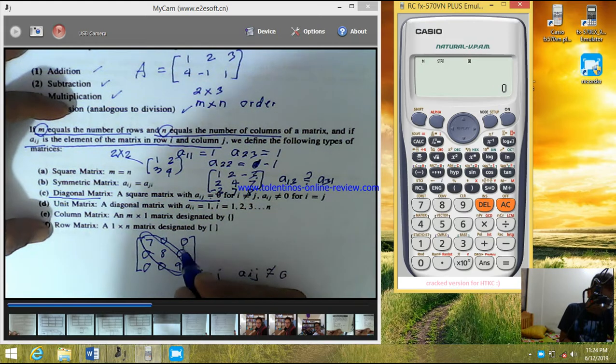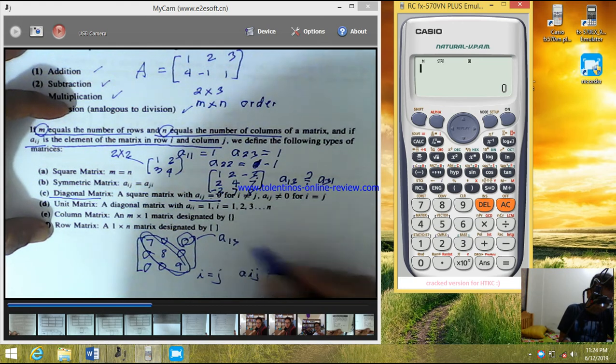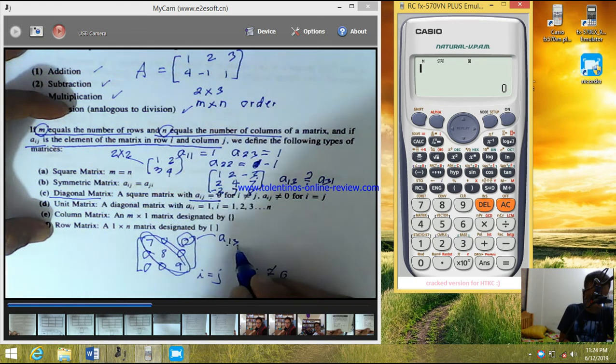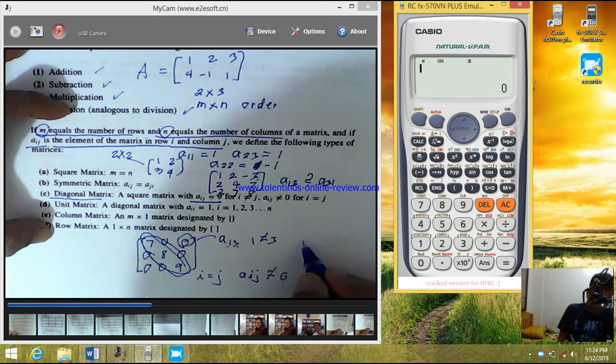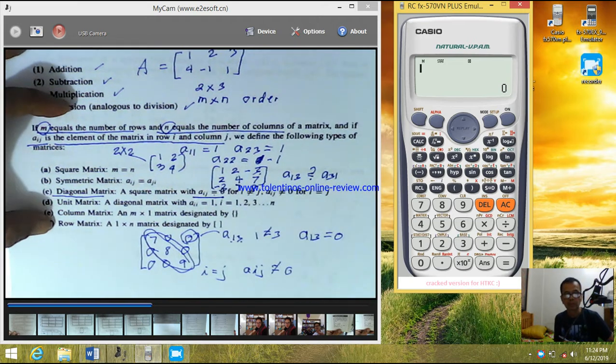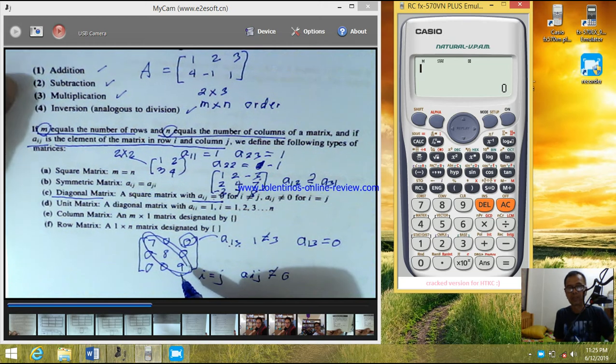While, halimbawa, ito, this element is row 1, column 3. Yung 1 hindi pareho sa 3, therefore, 0 siya. A13 should be 0. So, in essence, yung principal diagonal niya lang is hindi 0.